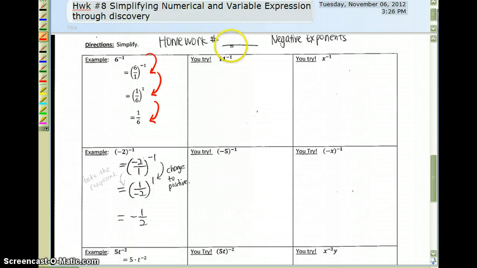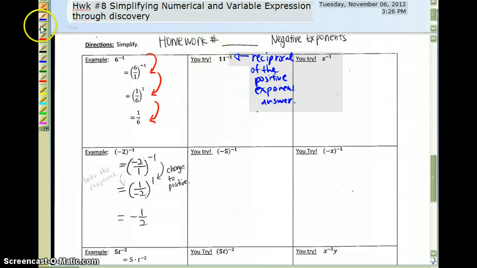Remember that if my exponent is negative, like I had done in class, then I'm looking for the reciprocal of the positive exponent answer. So what would this question be? I wrote it as a fraction, 11 over 1, with the negative 1. So I'm really just writing the number 11 as a fraction because I want to take the reciprocal.